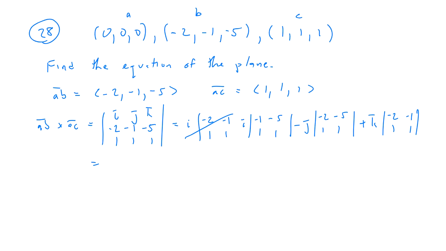Now that we've done a couple, I'll just get the answers, which is we're going to -1, and although you'll double check my number, -1 minus -5, which is 4. And -2 minus -5, which is 3, so the minus the 3. And then -2 minus -1, which is -1.